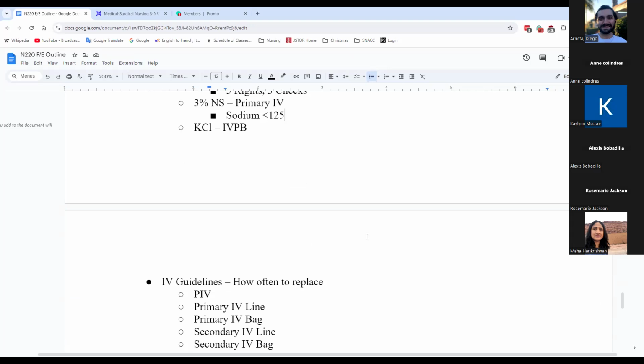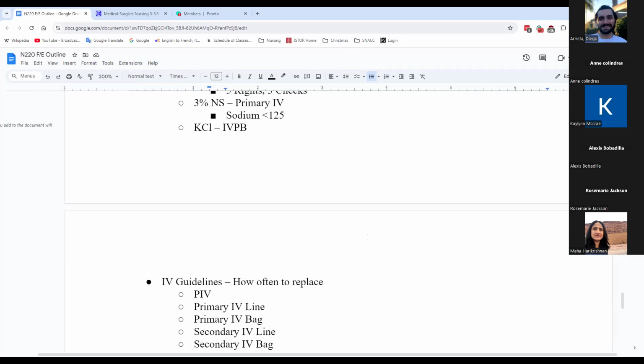You can't just make assumptions based on what they've been eating or not eating or what they've been having issues with, that they're going to be hyponatremic. You need to have your labs to prove it. We don't just willy-nilly give someone 3% sodium or potassium without knowing that they need it.